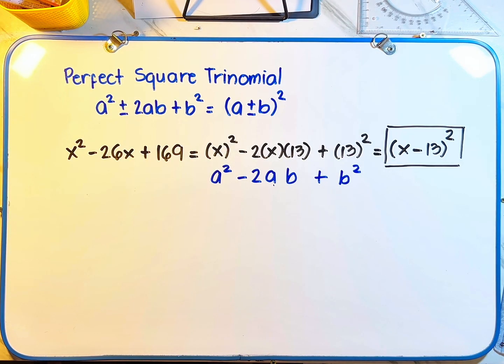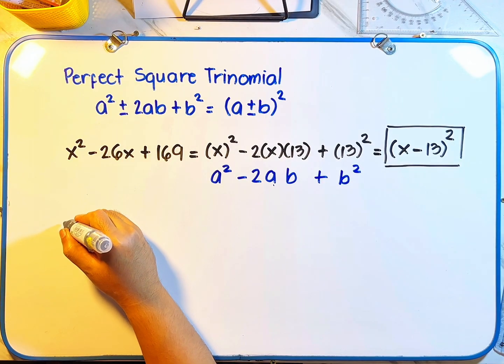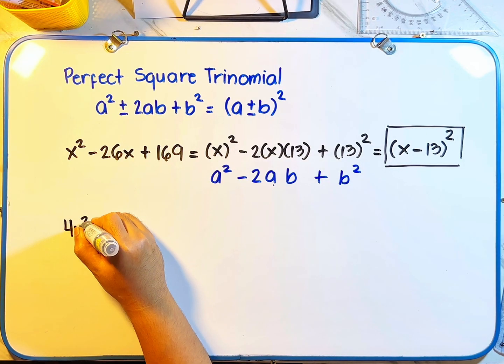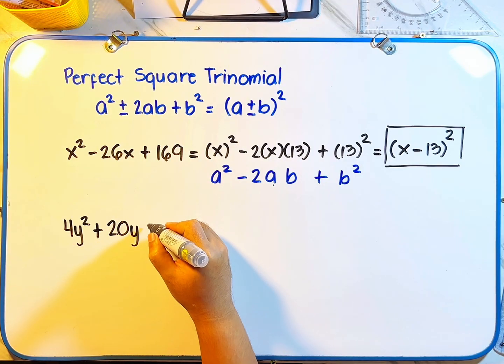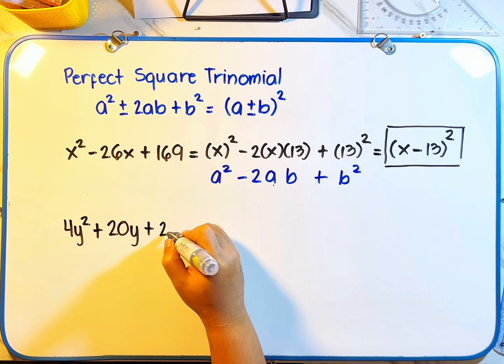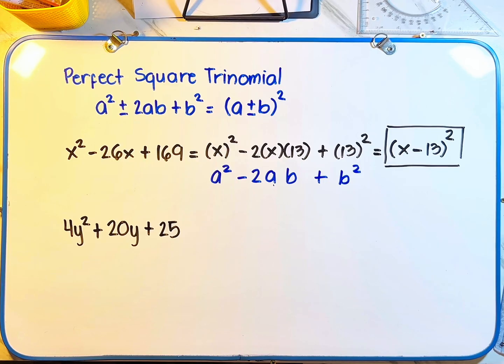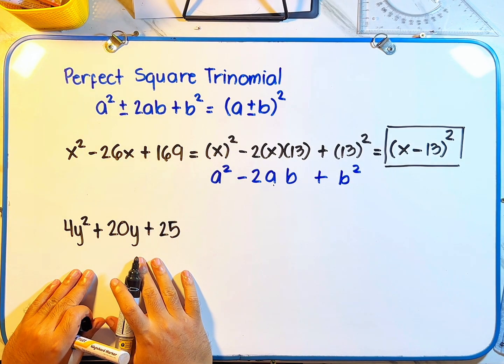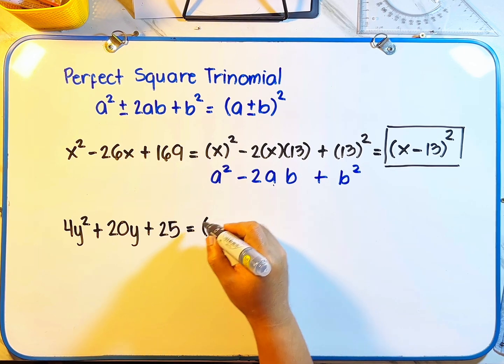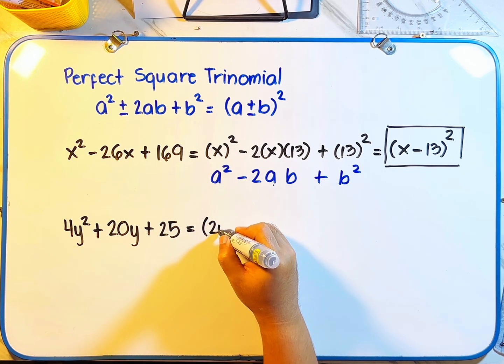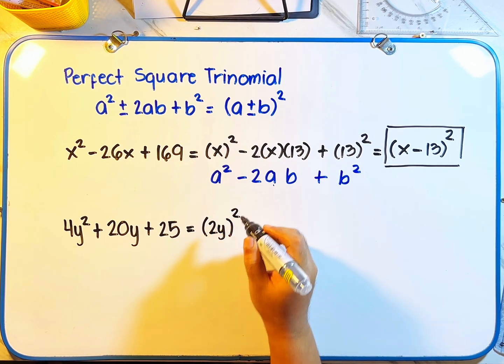Let's try one more. Say we have 4y squared plus 20y plus 25. Okay? This is also a perfect square trinomial because we can express this with 4y squared is equal to 2y and then squared.